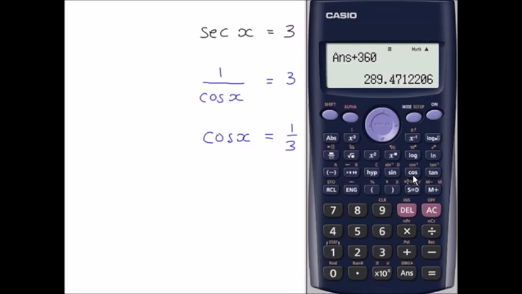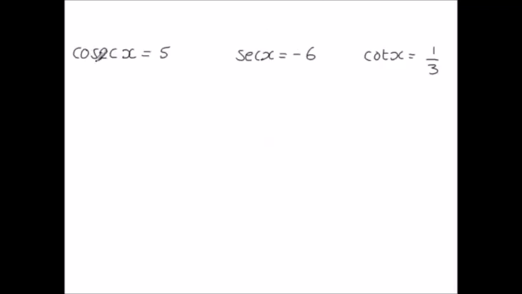Anything in terms of secant, change so you've got cosine, and change cot into tan. So for example, cosec, which is 1 over sine, so 1 over sine equals 5, and don't do anything to this. Now reciprocal both sides, so sine x is equal to a fifth, and then you can do inverse sine 1/5 on your calculator.